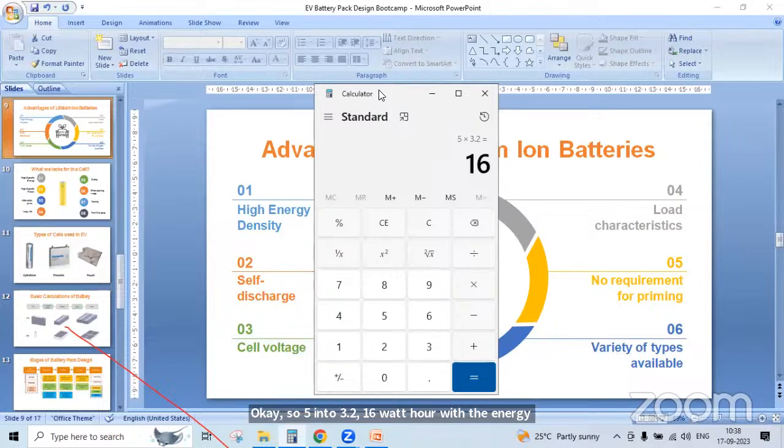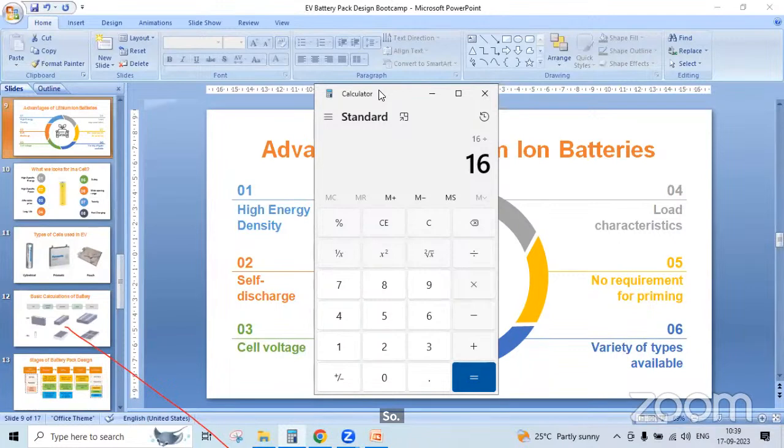If you have a 5000 mAh cell, that means 16 watt hour is the energy of that cell. Now I divide this 16 by the weight of that cell.